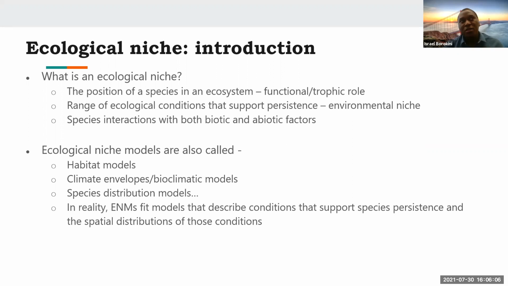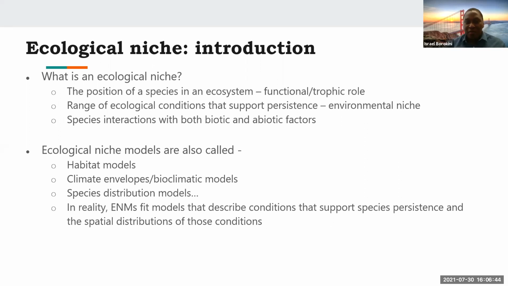But in terms of ecological niche modeling, in terms of the concept of fitting models for ecological niche, we describe it in terms of the environmental niche, that is the range of conditions under which the species can survive. Knowing fully well that species do not fully occupy the entire range of conditions under which they can survive, we have what is called the realized niche, which is where we actually found them.